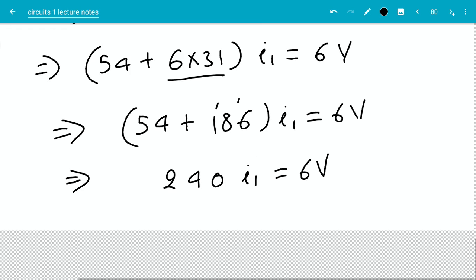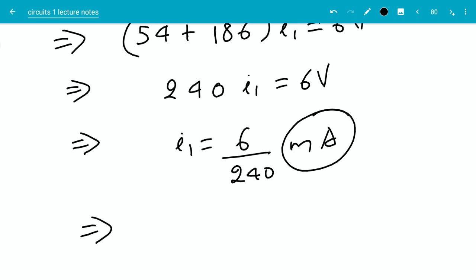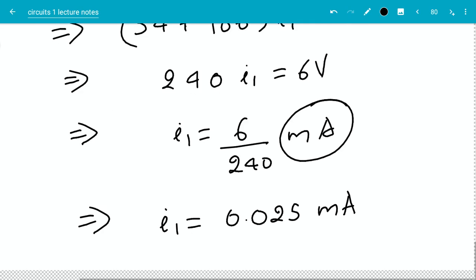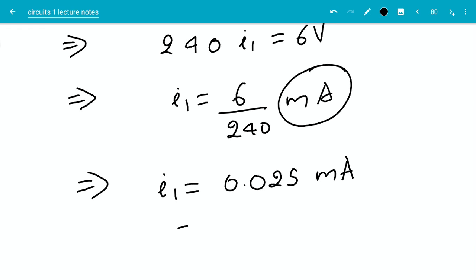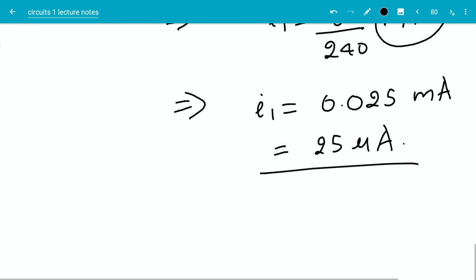Further simplification, and I finally get I1 is equal to 6 over 240 milliamps. Note that I'm using milliamps because that was my base unit, which I selected before. That will give me I1 as 0.025 milliamps, which will be equal to 25 microamps. Okay, and then the question asks me to express I1 in terms of microamps. That's why I have this.